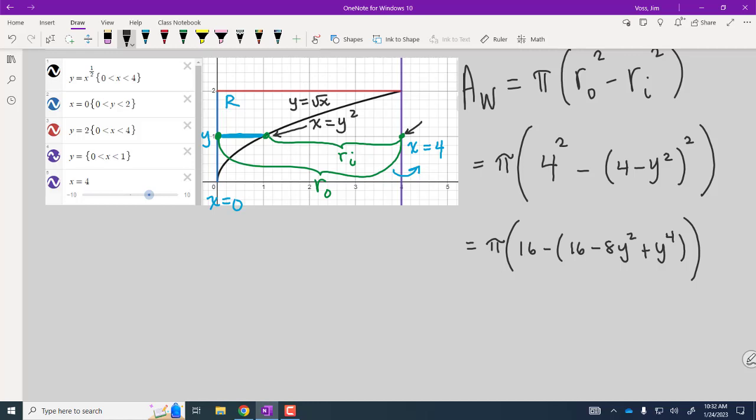Then we distribute the minus sign and combine like terms. The 16s are both going to cancel, and we will be left with positive 8y squared minus y to the 4th. So that is going to be the area of the washer at y.